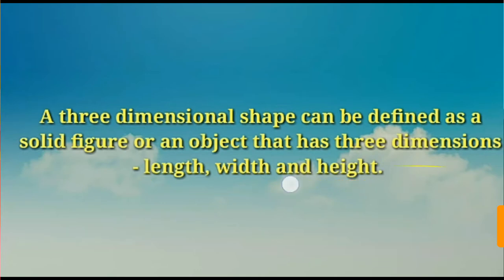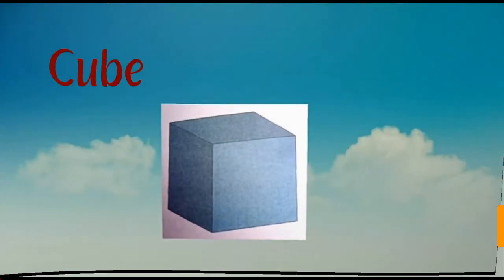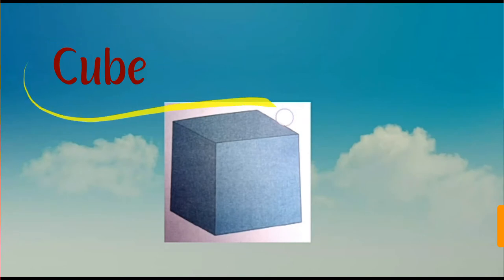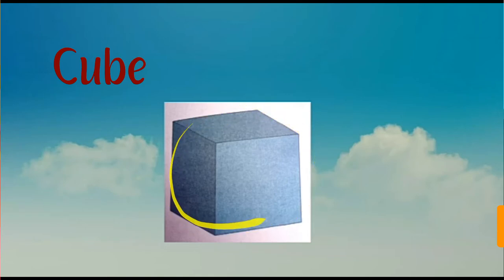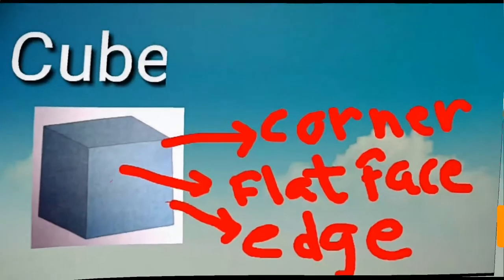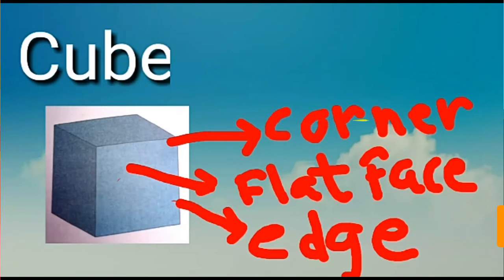So let's see which shape this is. This is a cube, and we are able to see its different parts: corner, flat face and edge.